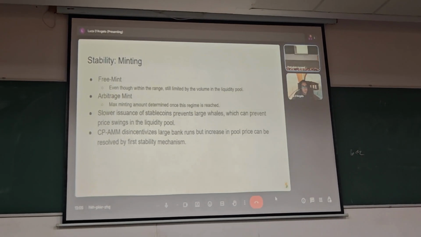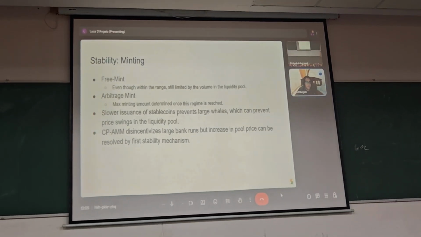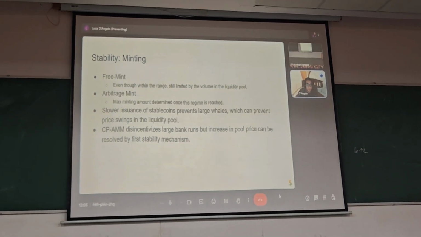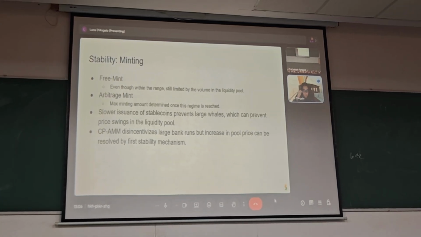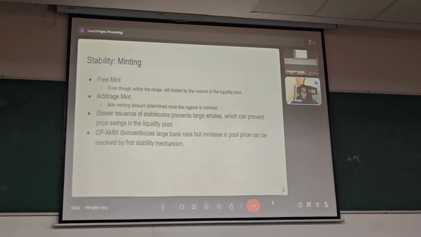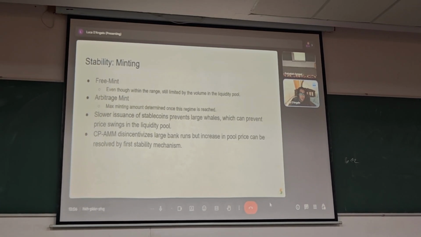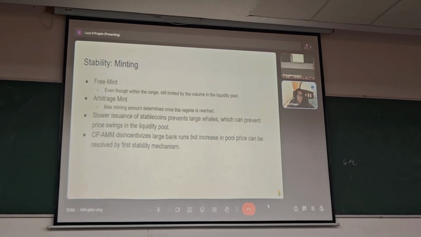So these restrictions mean that the stablecoin gets issued much slower, and a benefit of that is that it prevents large whales from accumulating large amounts, which could cause price swings in the pool.